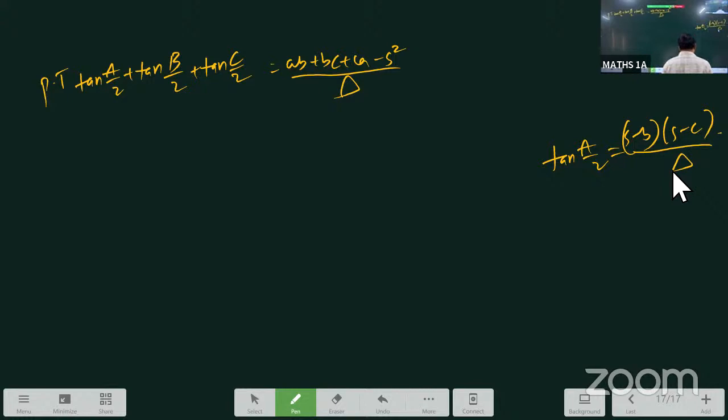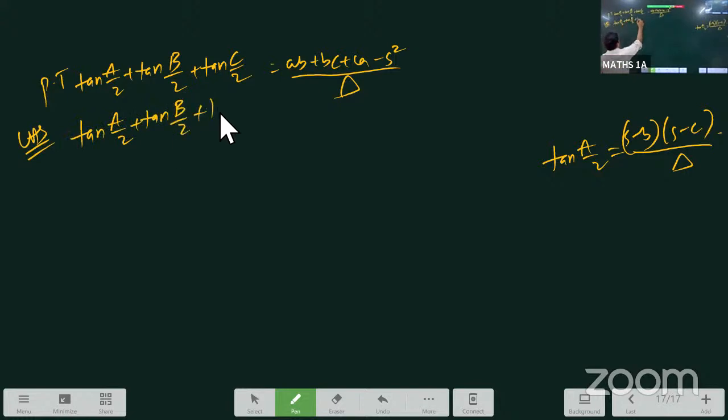Delta, you have to get in the denominator. Now, LHS: tan A by 2 plus tan B by 2 plus tan C by 2.